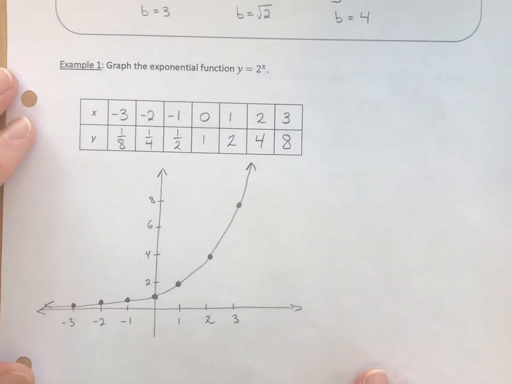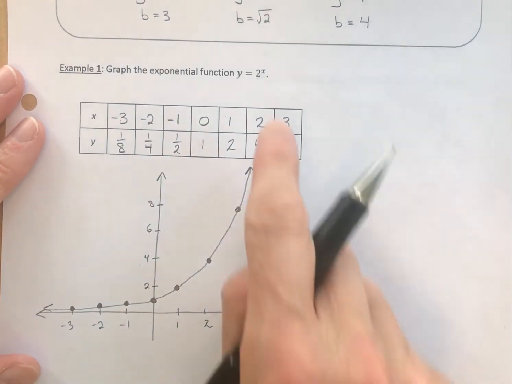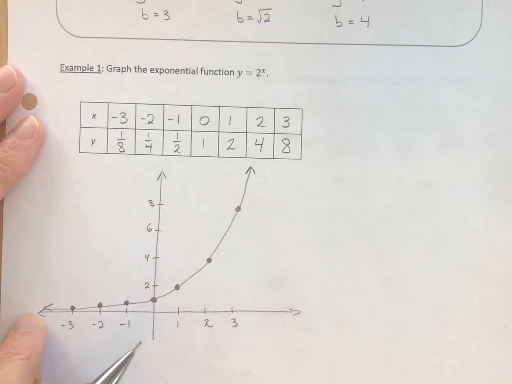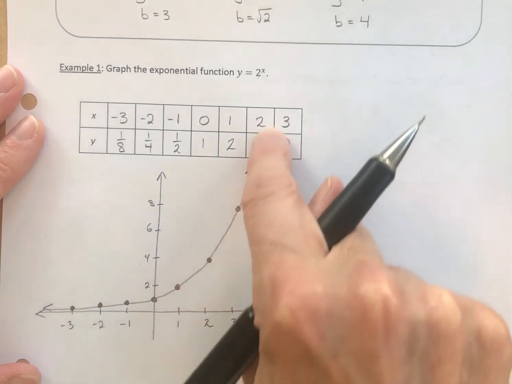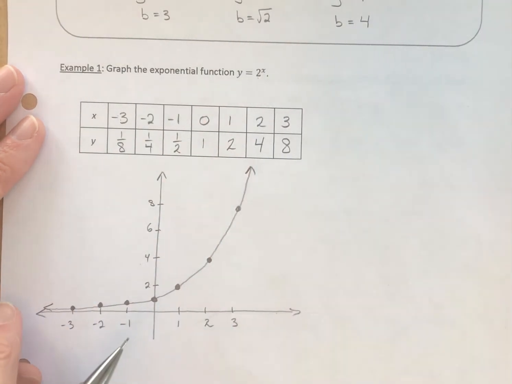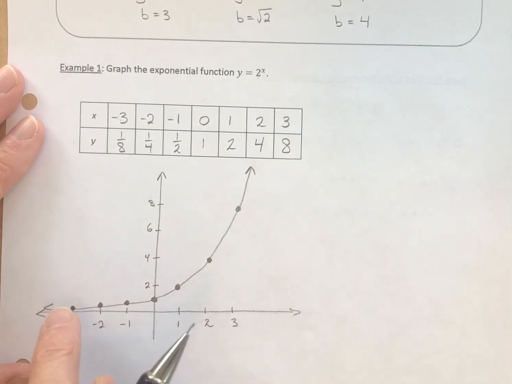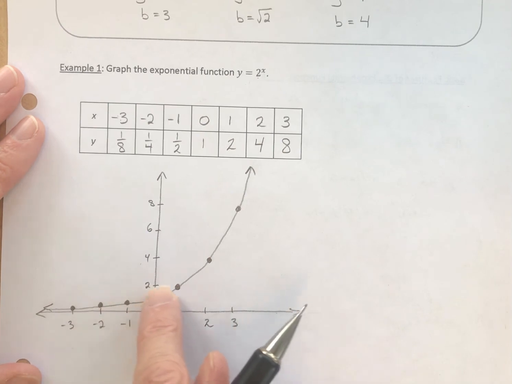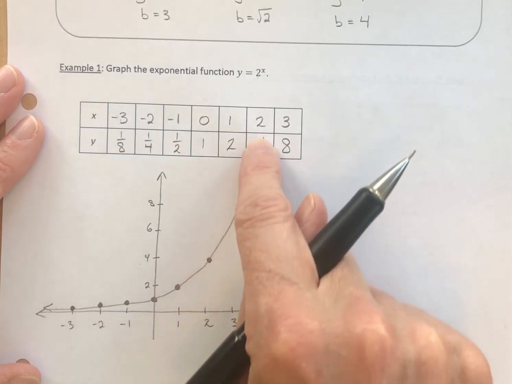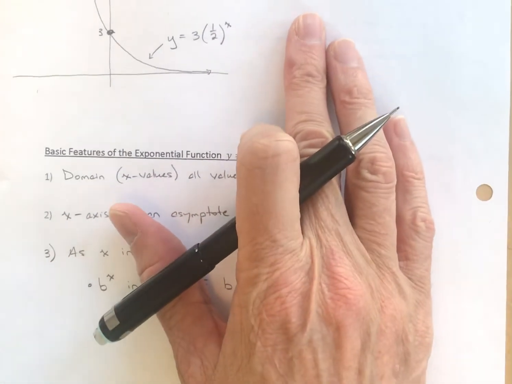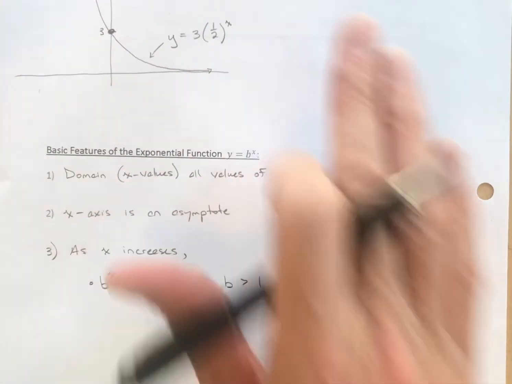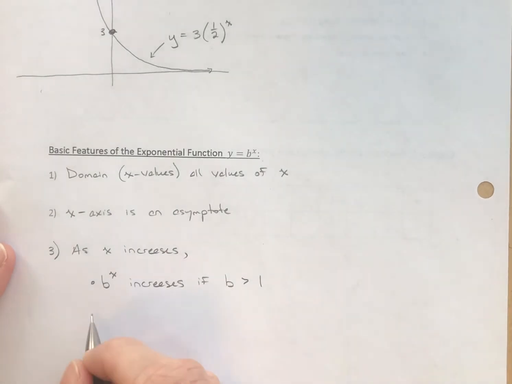The base of this one over here is 2. And as x is increasing, the graph is also increasing. As I'm going from left to right on the x-axis, the y value coming out of the graph is also increasing, and it begins to increase faster and faster and faster. So if the base is greater than 1, as you go left to right, the graph is increasing.